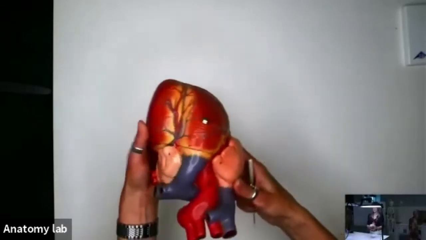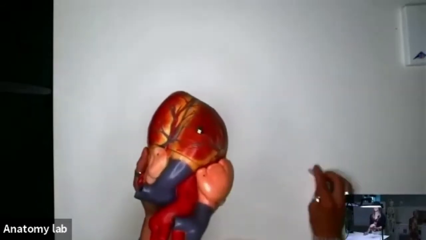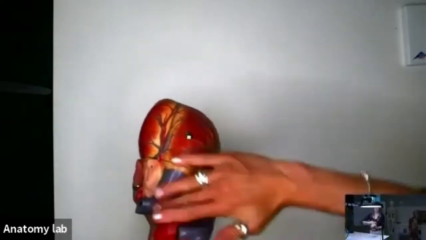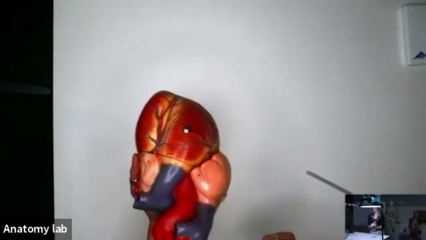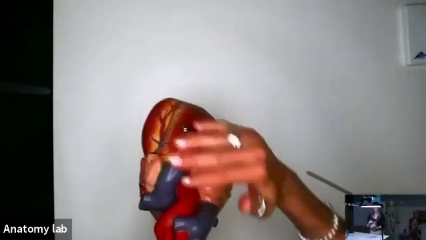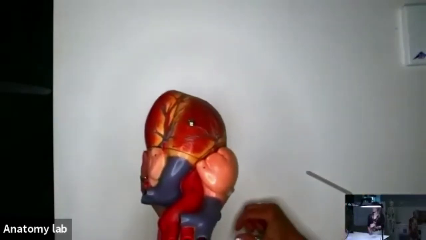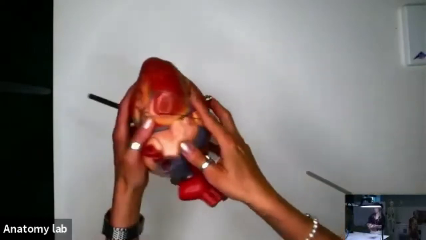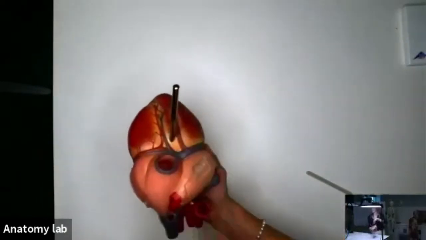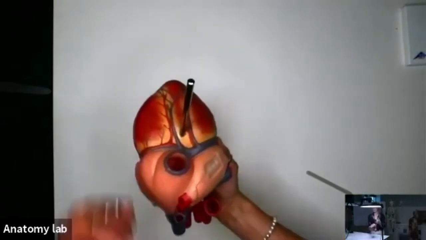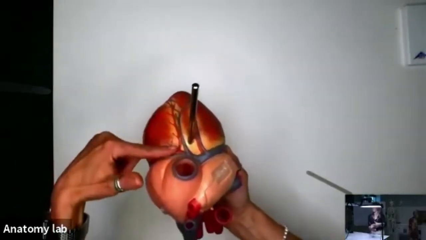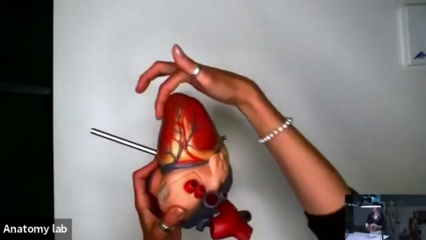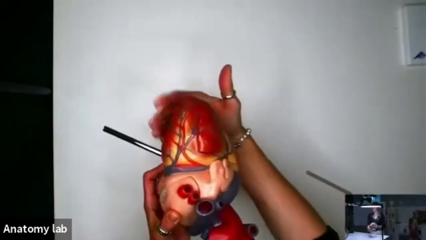When we look at the heart itself, the heart is placed in the mediastinum, that's the space. You have the surface which faces forward, as Sam said. In front of this, you will find the sternum and the ribs. If I turn the model to the inferior surface, you can see it's quite flat because it sits on the diaphragm.